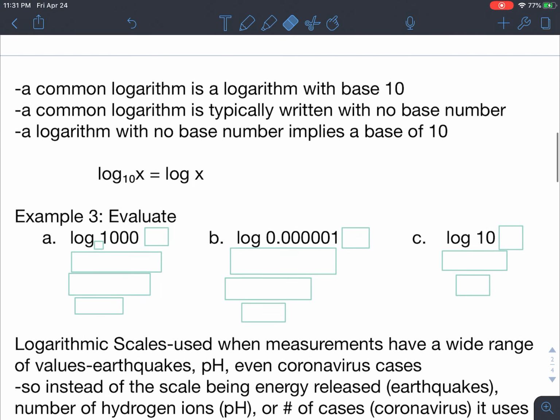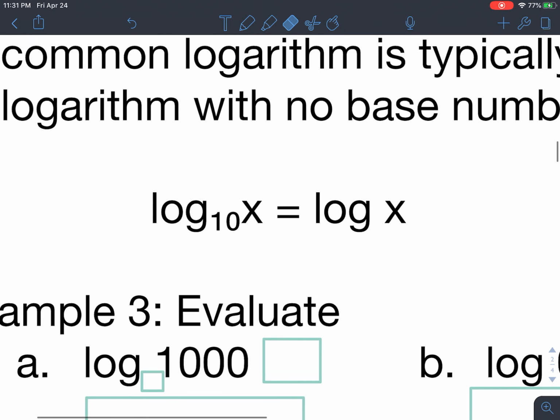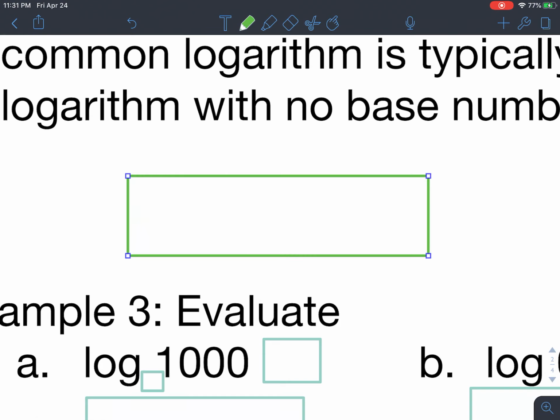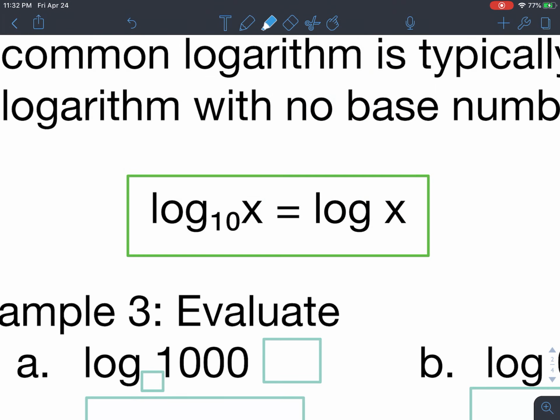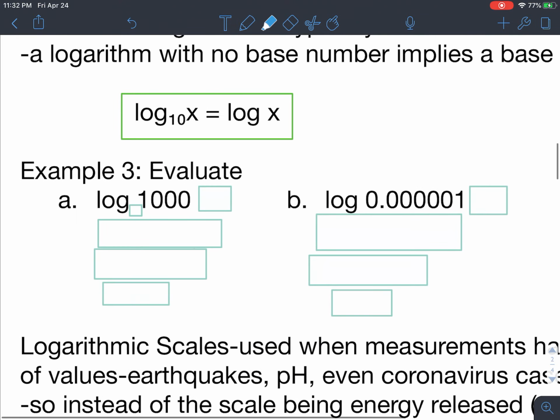So log base 10 of x equals log of x. So if we don't put a base here, it's like an invisible 10. You know, just like we have invisible 1s and stuff.